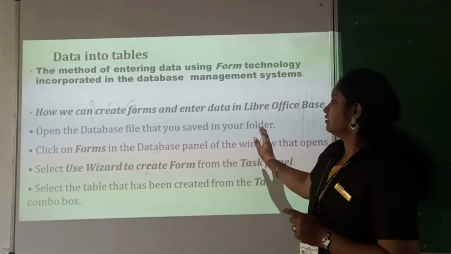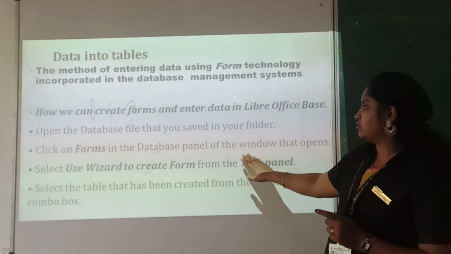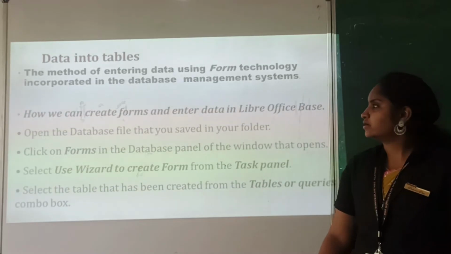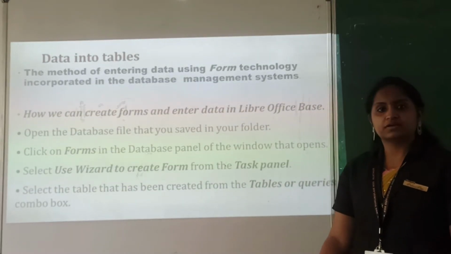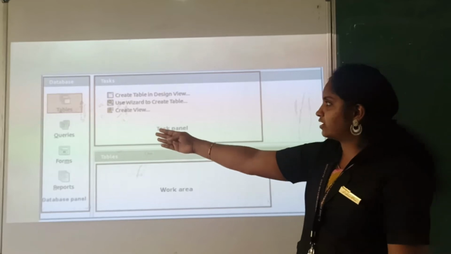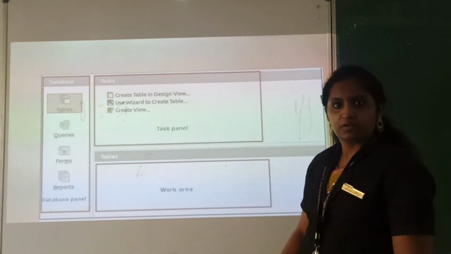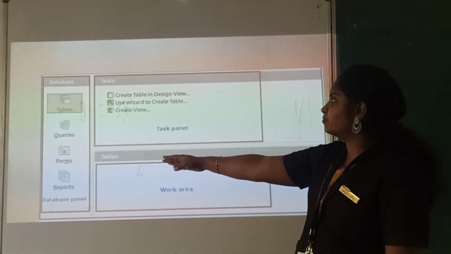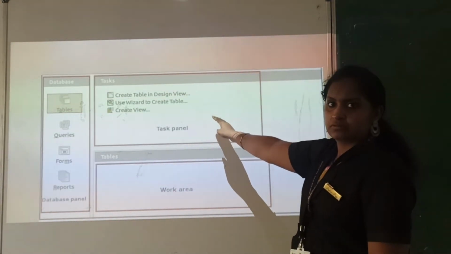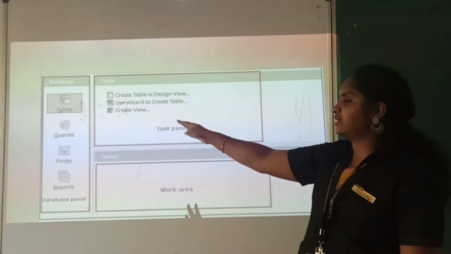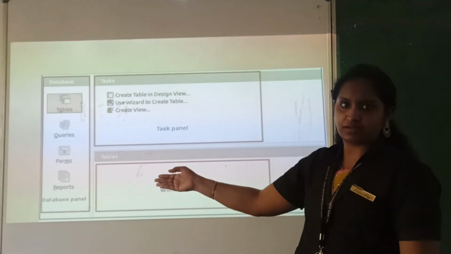How can we open the database file? In the database panel you have the option after the tables section. Here you can see Tables, Queries, and the option Forms. After selecting Forms, you can select the option Use Wizard to Create Table. After creating the tables only can we enter the data.